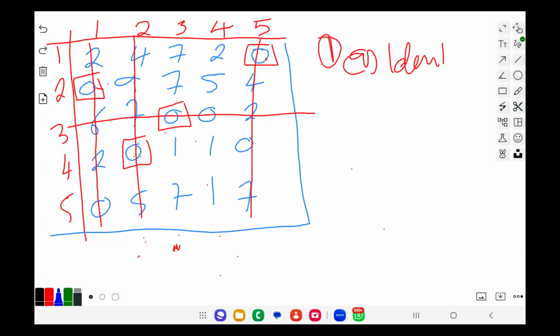From all cell values that come from undeleted cells, those cells that are not deleted, you will subtract that minimum value which I've identified.